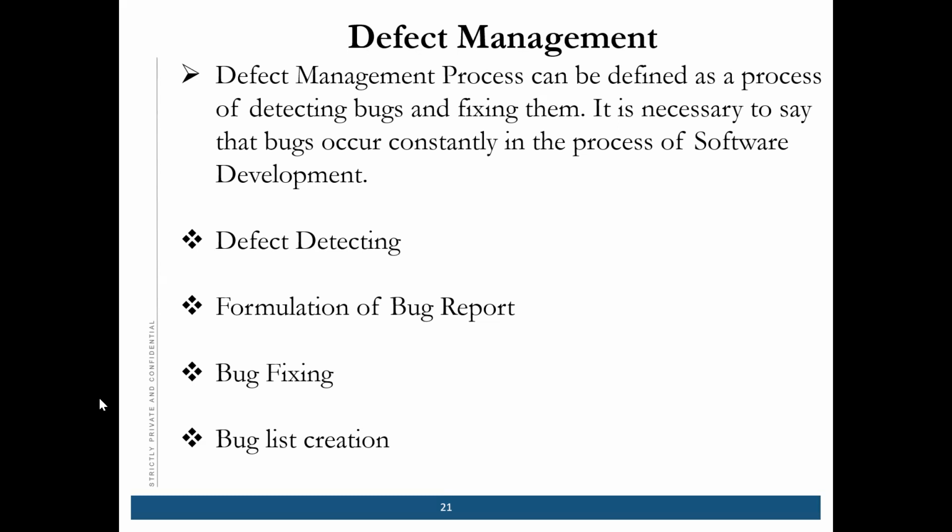So this is defect management. Sometimes different people are hired to manage the defects. Sometimes the tester only does the defect management. It all depends on your project how it will be managed. Either it will be managed by the tester, or there are different teams.